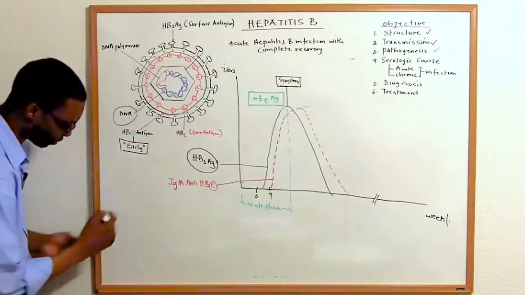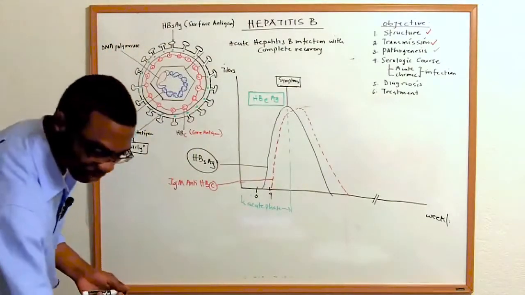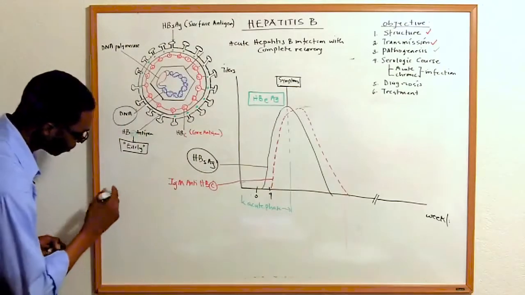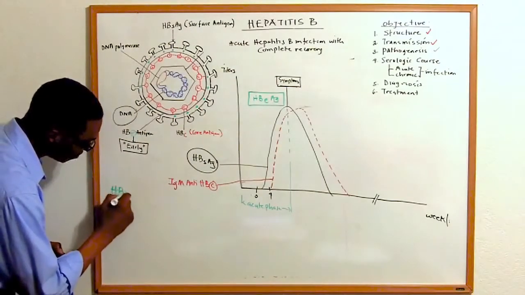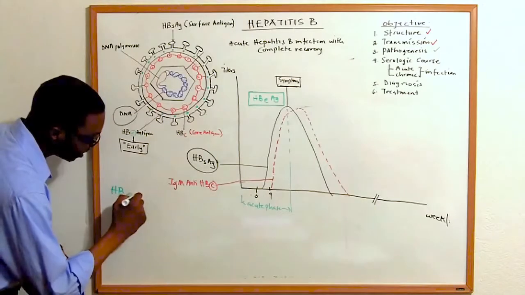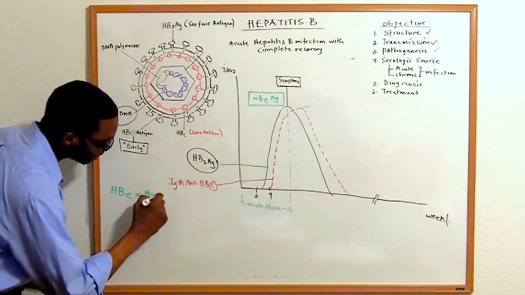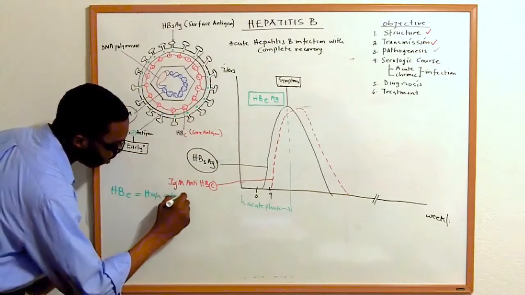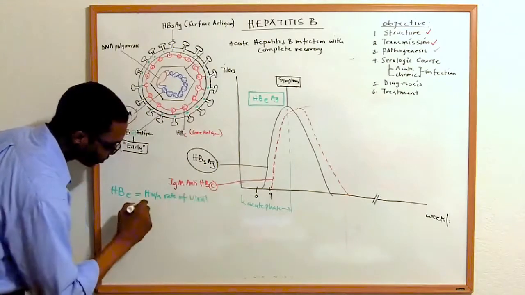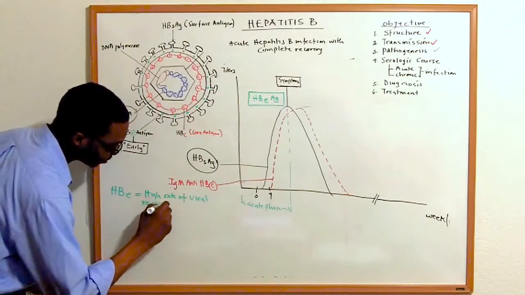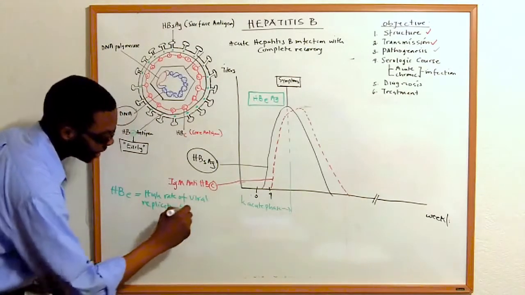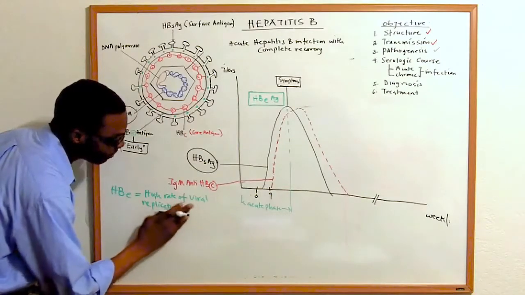Let's write that at the end of the board here so we don't forget. So E, hepatitis B early antigen, equals high rate of viral replication plus high infectivity.